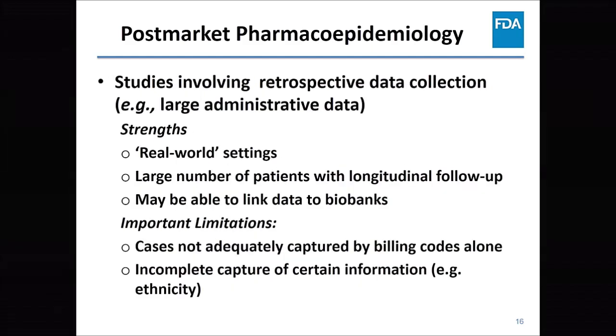Studies using large administrative databases collected retrospectively provide a look at the use of the drug in the real-world setting with large numbers of patients, but there may be under-ascertainment of cases through billing codes, and I'm looking forward to hearing more about that in the next lecture. And there may be incomplete capture of some information, such as ethnicity.